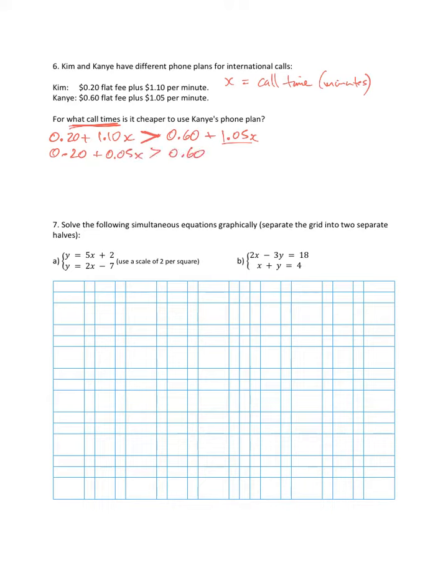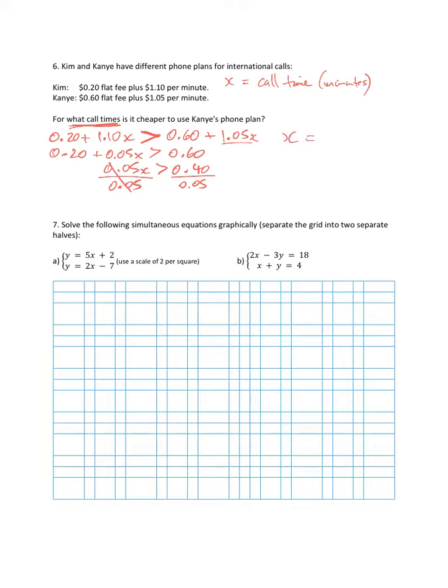I need to get rid of the positive 0.2. So take 0.2 from both sides. It's going to be 0.40. I'm timesing by 0.05, so divide both sides by 0.05. Cancels out.